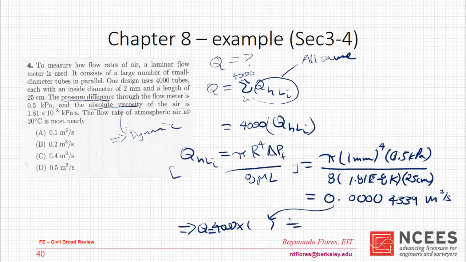So then that's just 0.174 meters cubed per second, and that's about B. And that's pretty much the answer. So we're going to move on.